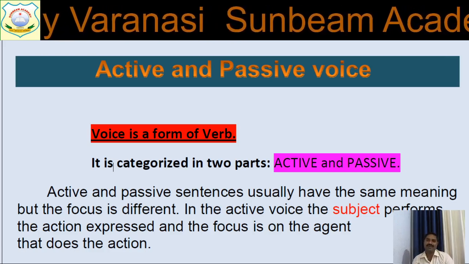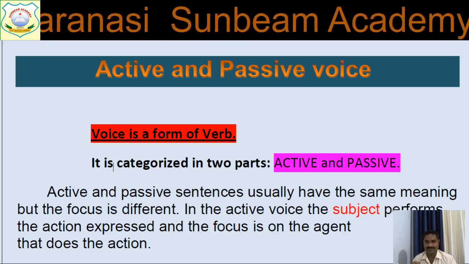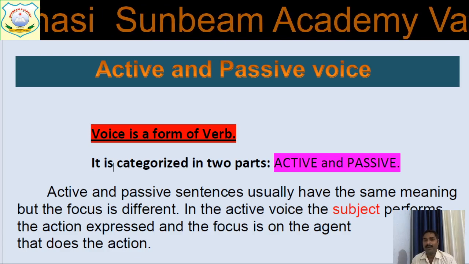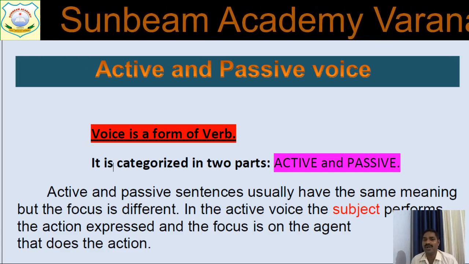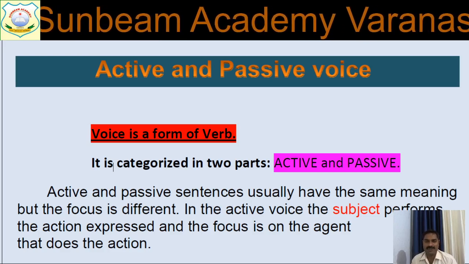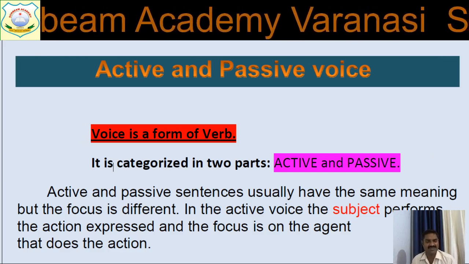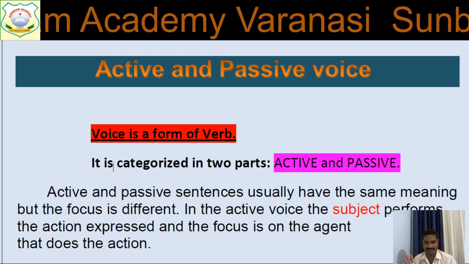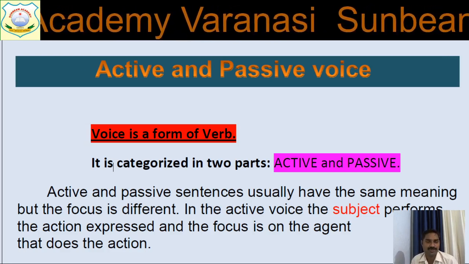Whereas passive voice is used to highlight the activity. Ramesh is playing cricket is an active voice, but the activity is cricket. And if you want to highlight the activity, you will have to make this sentence in passive voice, and you will say cricket is being played by Ramesh. Okay, so here in place of subject you have first of all put cricket.